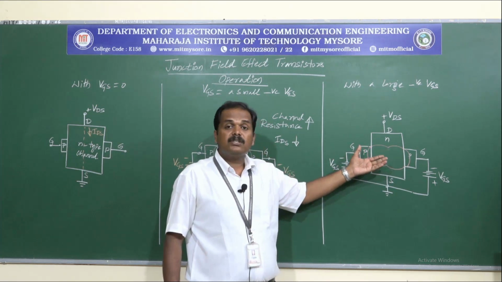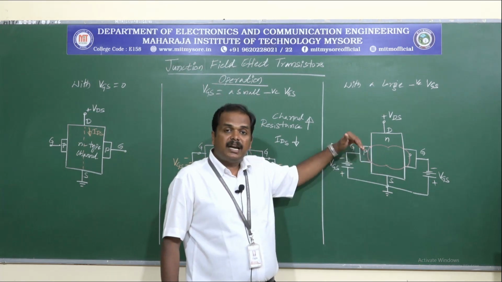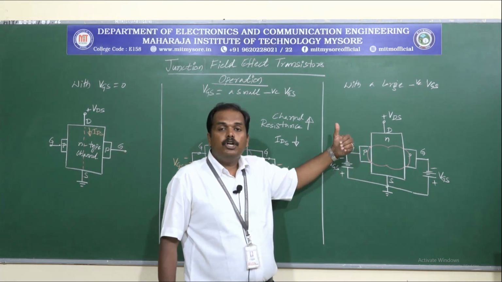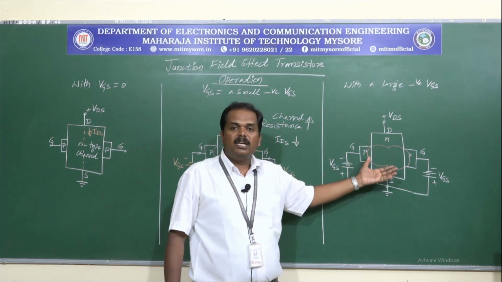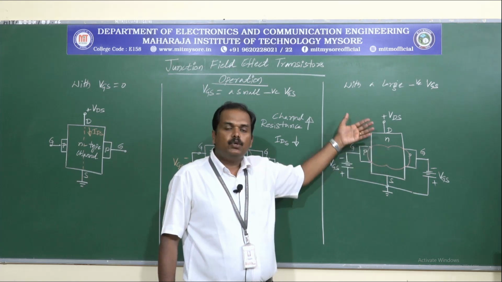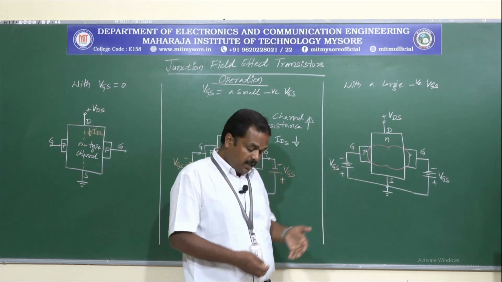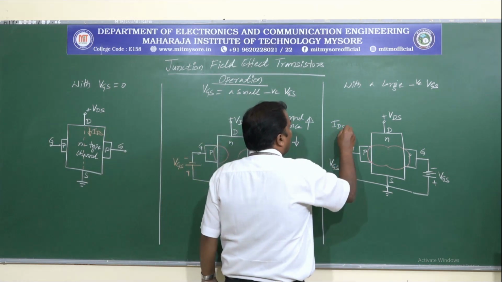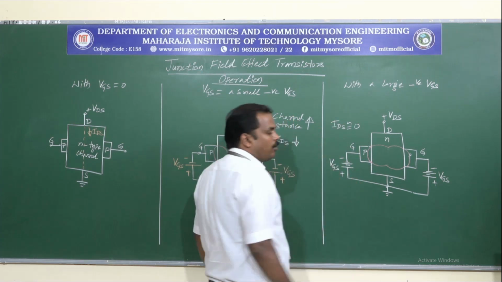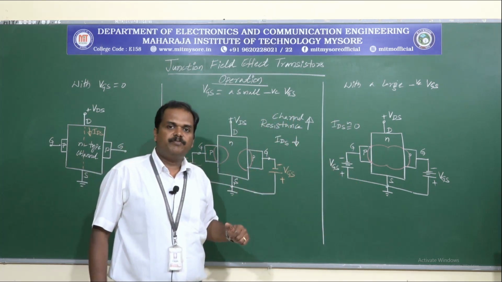Because of this, the drain to source current is going to be diminished, because there is no way for the current to flow from the drain to the source region. So we can say IDS is going to be approximately 0 in this condition.